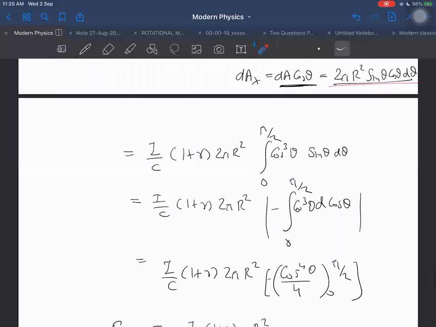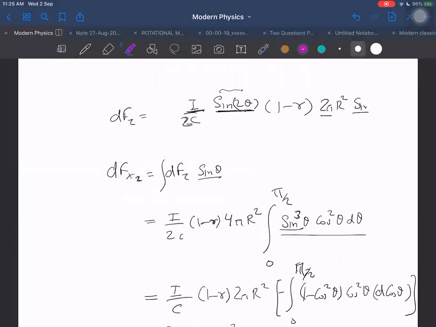So let me go again. dF tangential was 2 pi r squared into theta into (1 minus r) into dA.